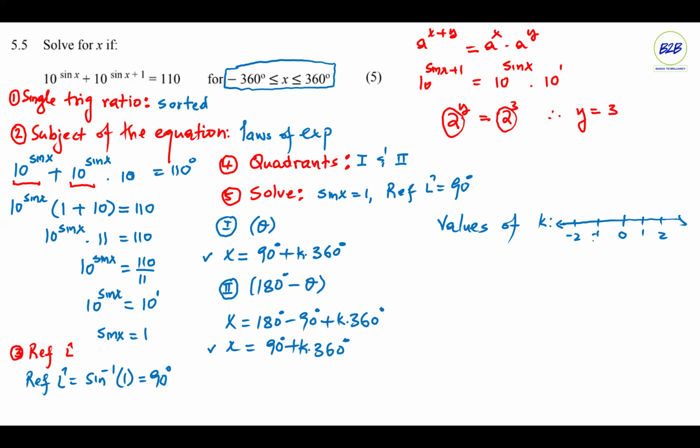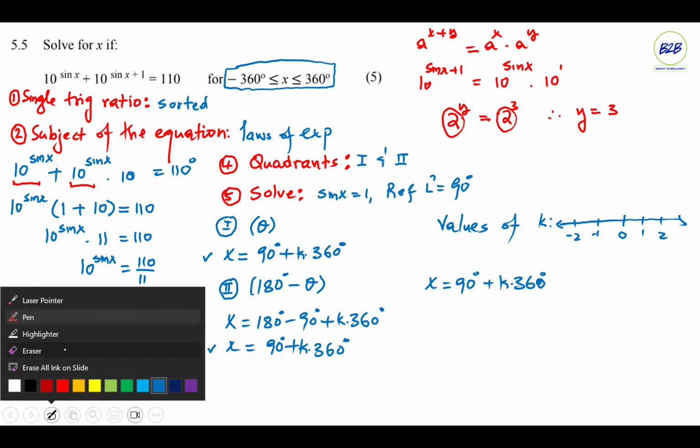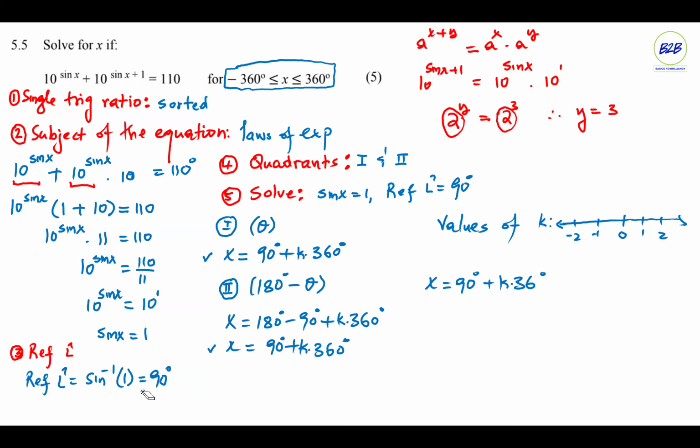So these are the values of k. And then, since we have one equation of the general solution here, which is x equal to 90 degrees plus k times 360, we will use only that equation, since this is the only equation that we have for the general solution.